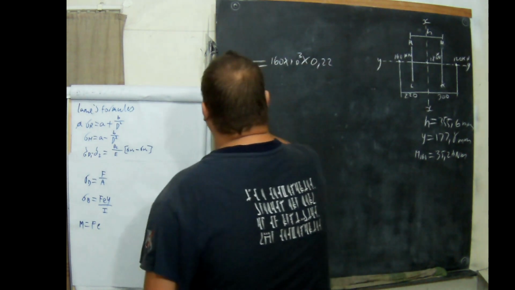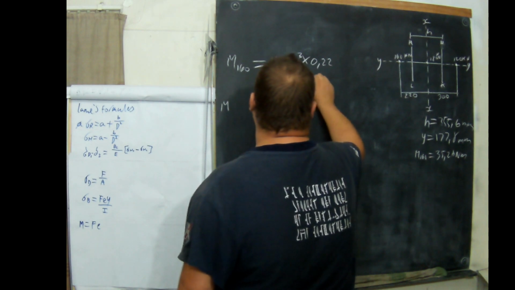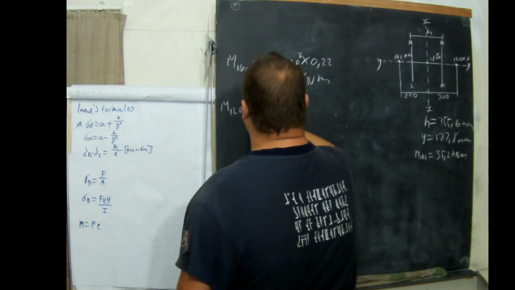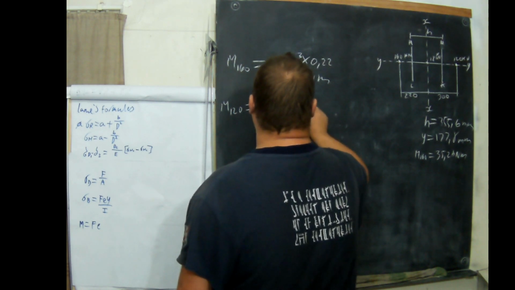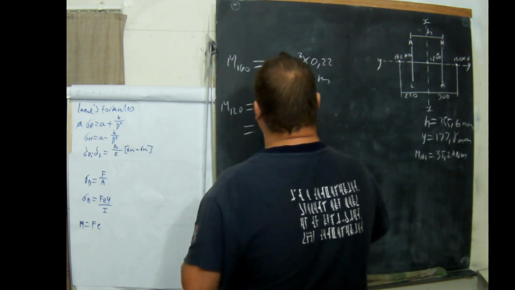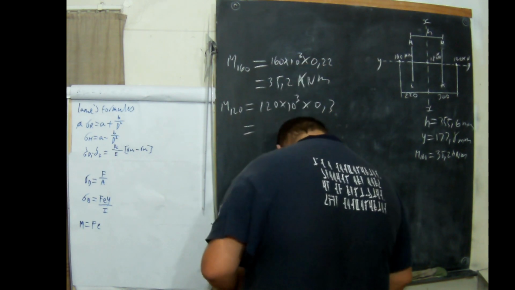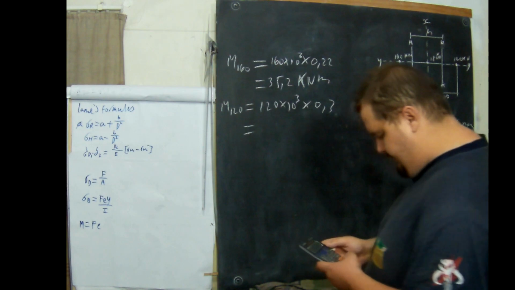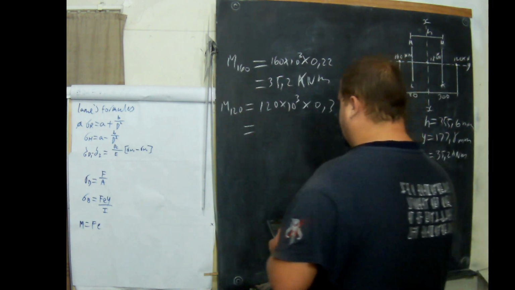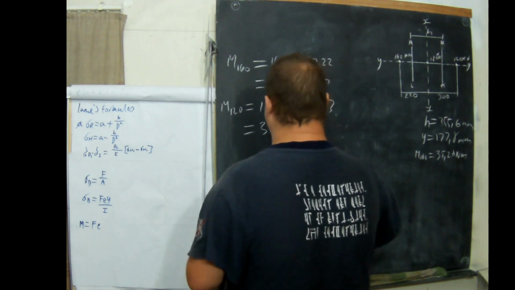Next one is M at 120, which is 120 times 10 to the 3 times 0,3, exactly 36,000, so 36 kilonewton meters.